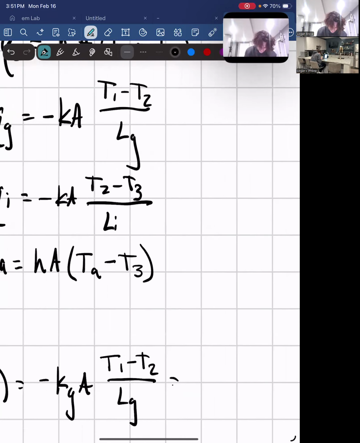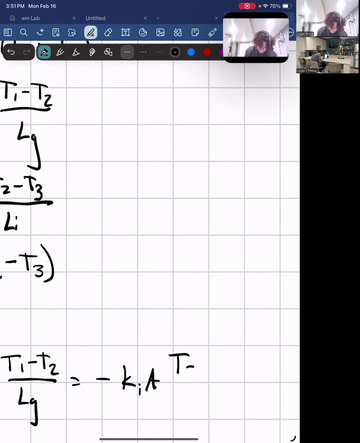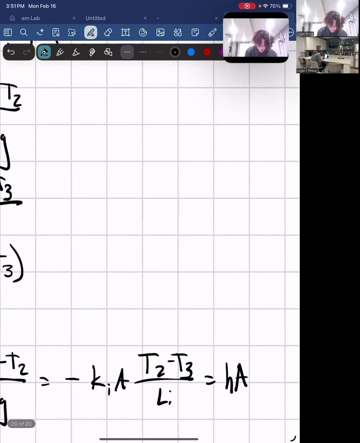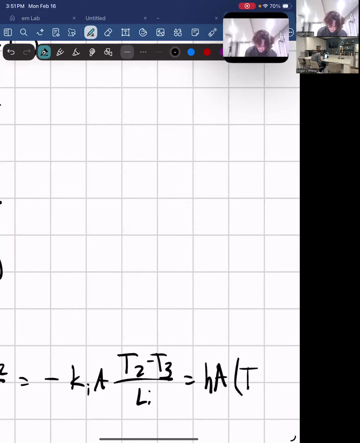And then we have our minus Ka, and this is K of the insulation, A, T2 minus T3 over Li, and then finally our HA, T air minus T3.